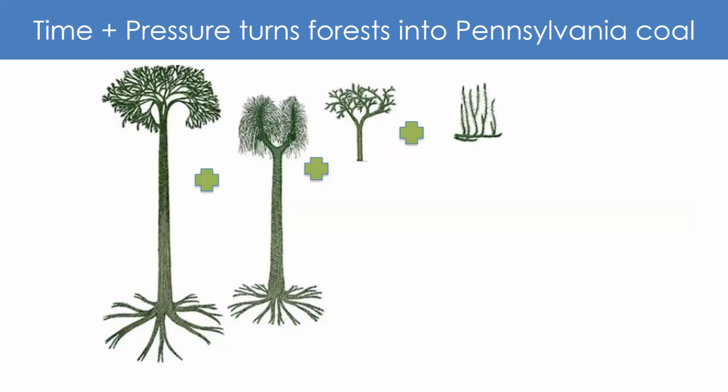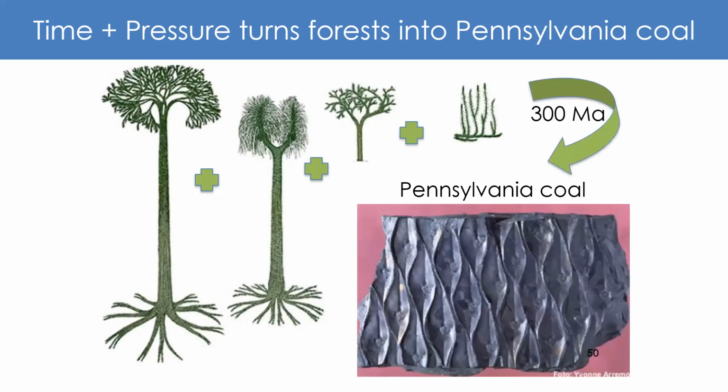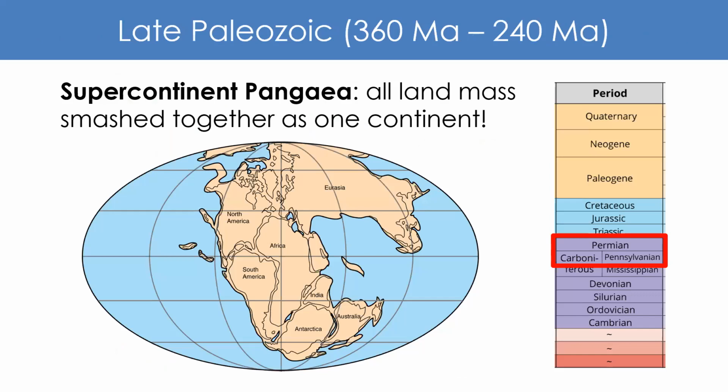So all the Pennsylvania coal that exists in the northwest and northeast parts of the state all stem from these huge rainforests that eventually the trees start to fall over, they start to bury each other under sediments, and they just get compacted and compacted until you get nice anthracite coal that can power our energy, power electricity, as well as used in the steel industry of Pennsylvania. So that's why it's known as the Pennsylvanian time period.